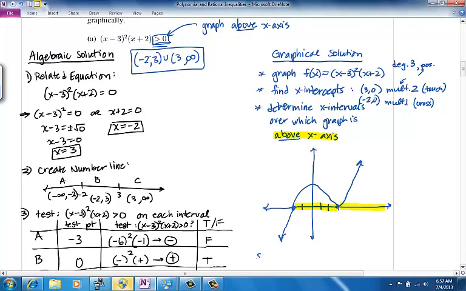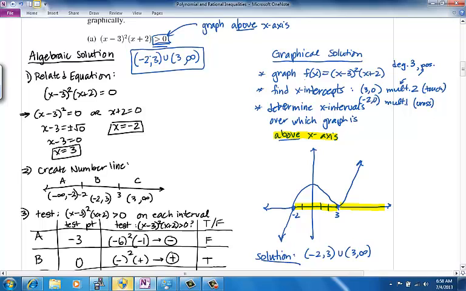So our solution set would be from negative 2 to 3, union with the interval from 3 to infinity, because we know this graph isn't going to turn around anywhere else. We, again, don't want to include either the negative 2 or 3, because at that point the graph is touching the axis, which means the function would be equal to 0, and we want greater than 0, not equal to 0.